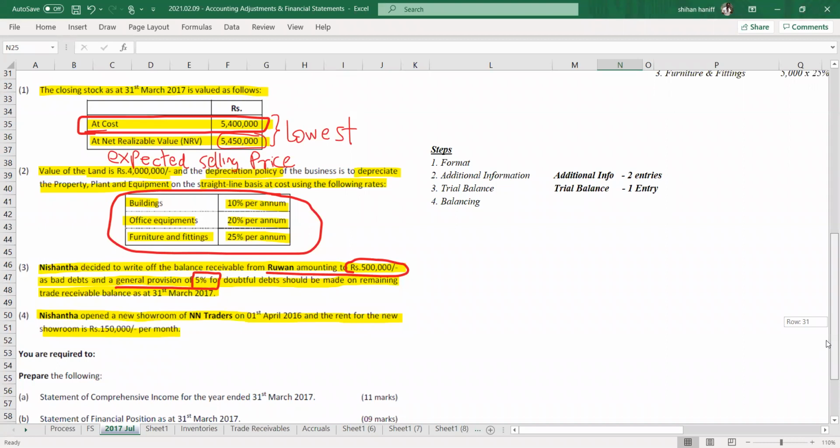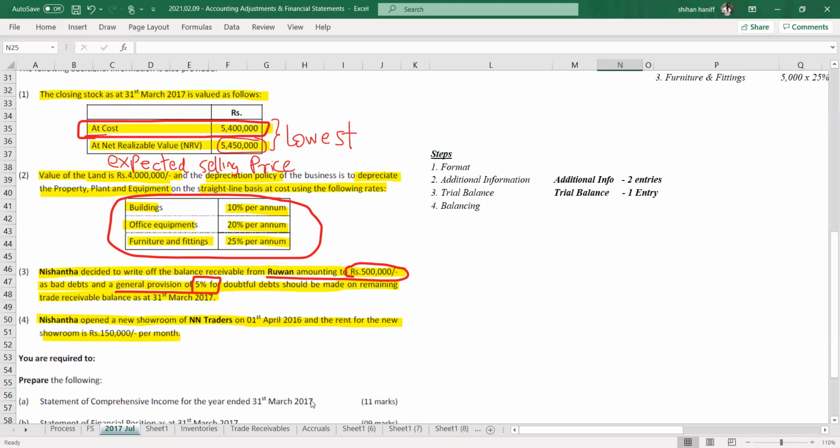So this was at the beginning. 1st of April 2016, year end is 31st March 2017.